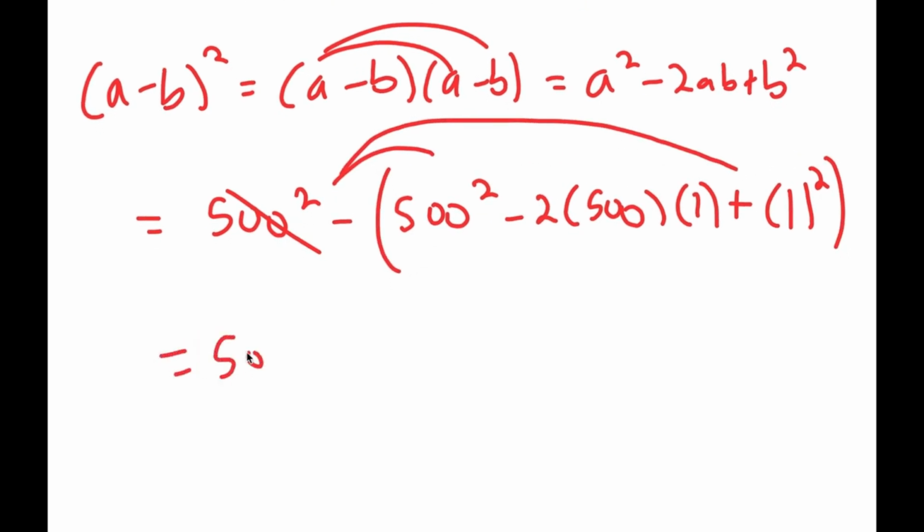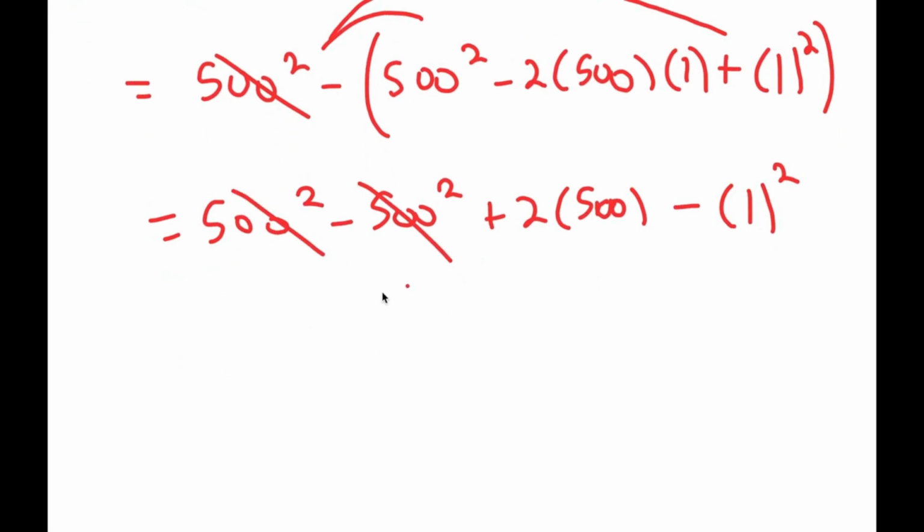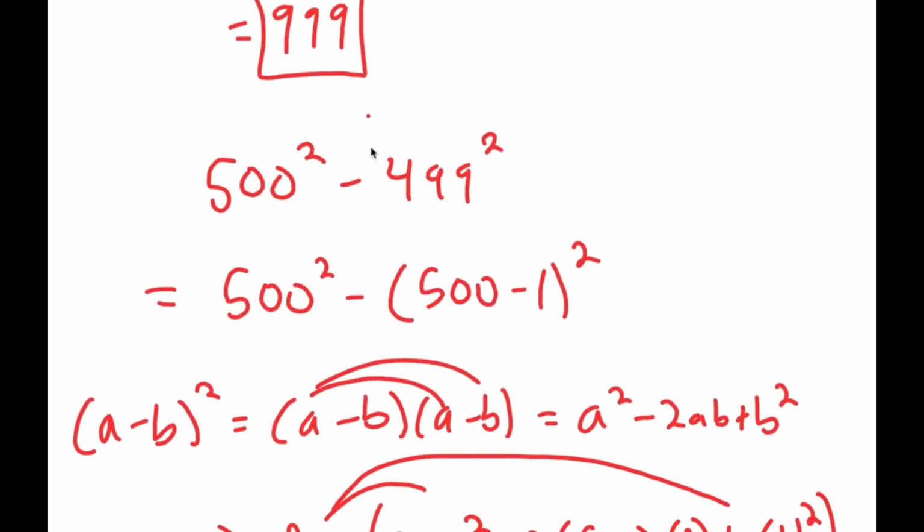So this turns into 500 squared minus 500 squared plus 2 times 500 times 1, which is the same thing as 2 times 500, minus 1 squared. Now these can cancel out, so I get 1,000 minus 1, which is equal to 999. So again, I get 999 as my answer.